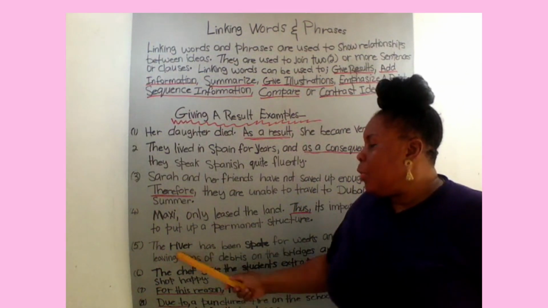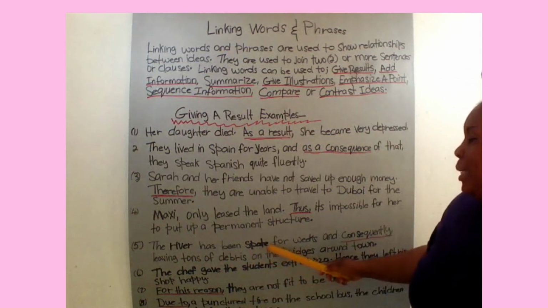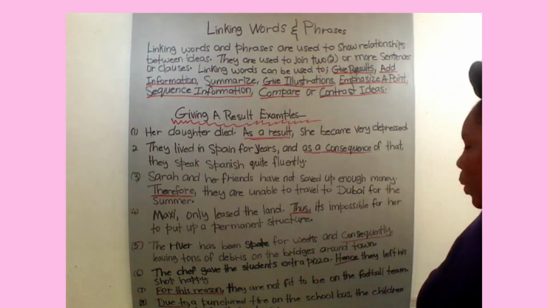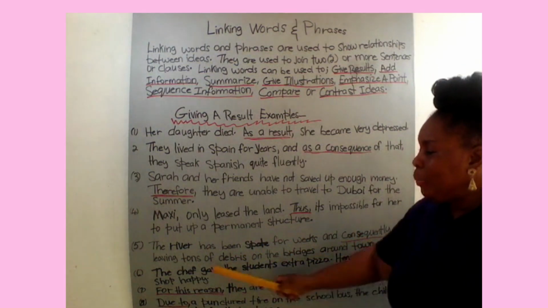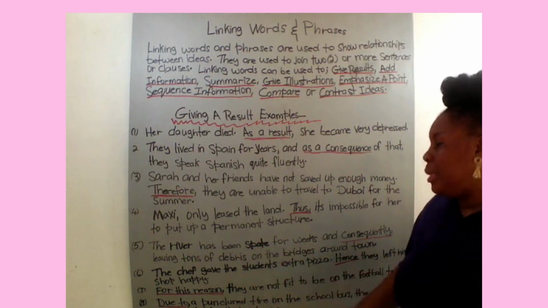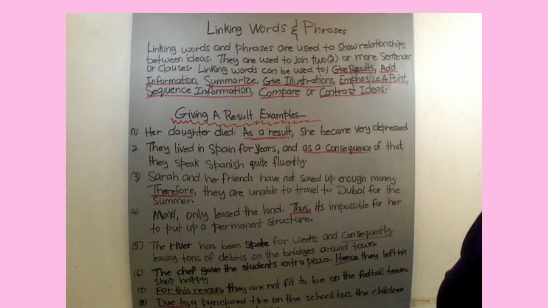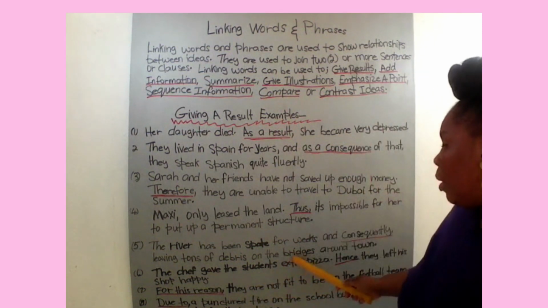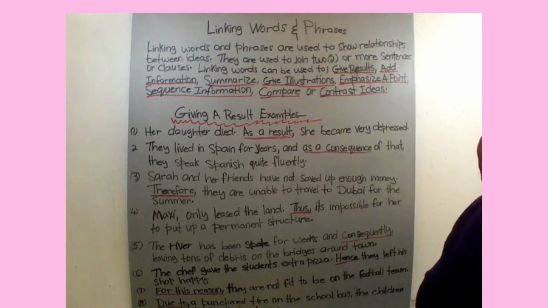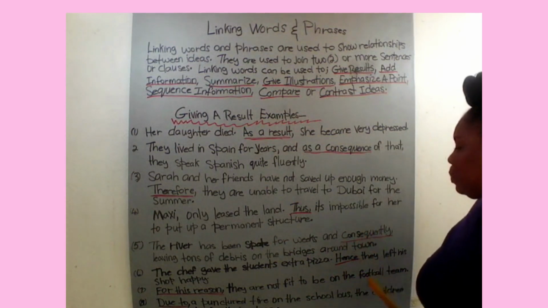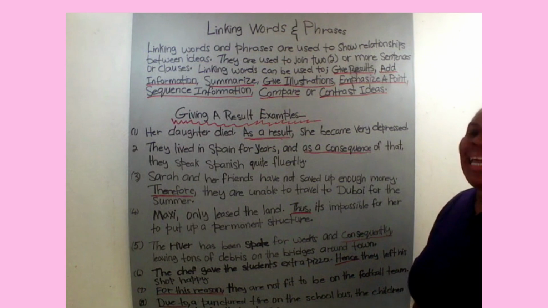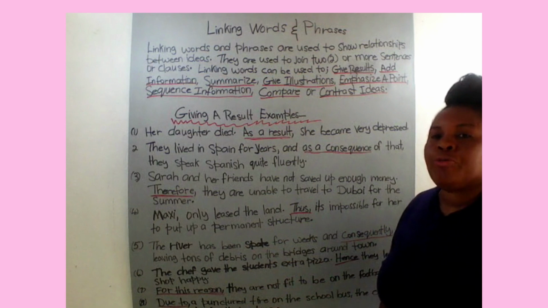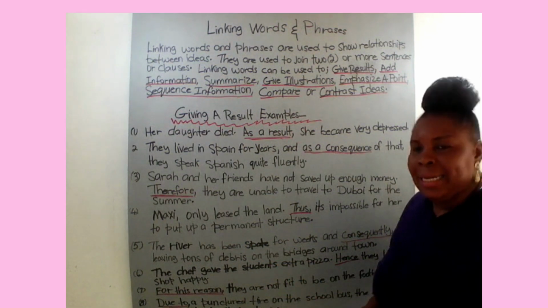Number 5, the river has been sprayed for weeks and consequently leaving tons of debris on the bridges around town. So consequently here is the linking word for this sentence or idea, all right?